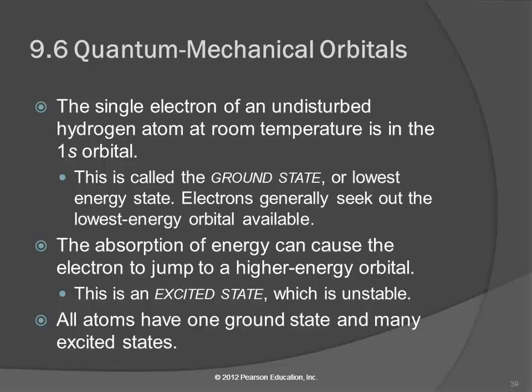So a hydrogen atom has one electron. That one electron, under normal circumstances, is going to be in the lowest energy orbital that it can be in. This is a little bit like teenage boys. I have some experience with teenage boys. Now I'll pick on Zach, because he's not here.